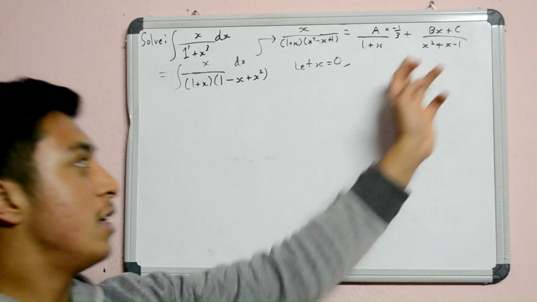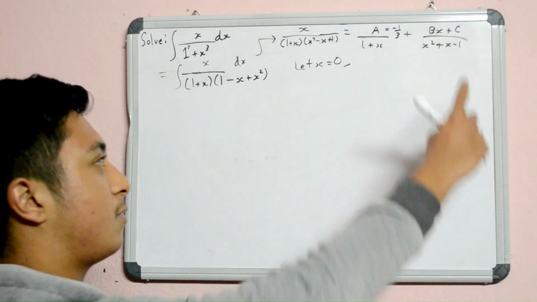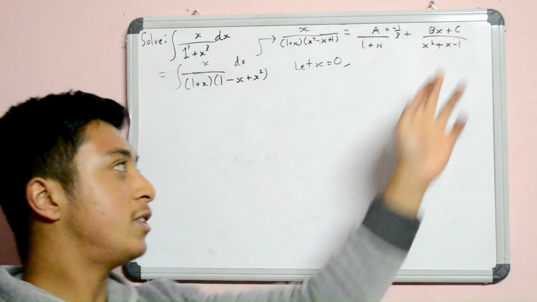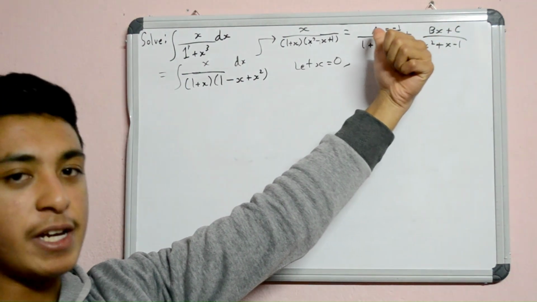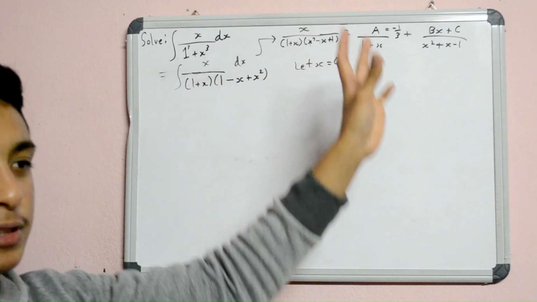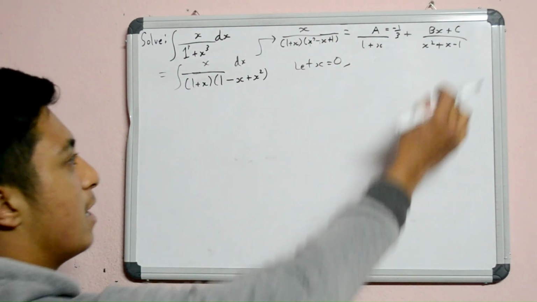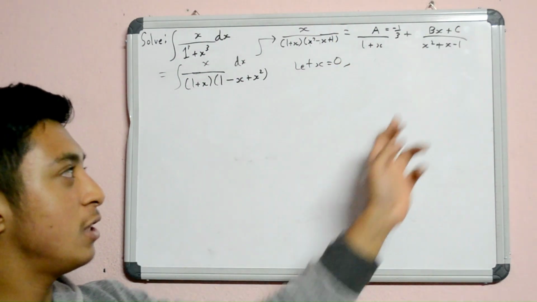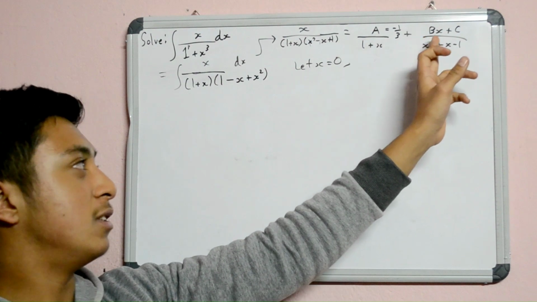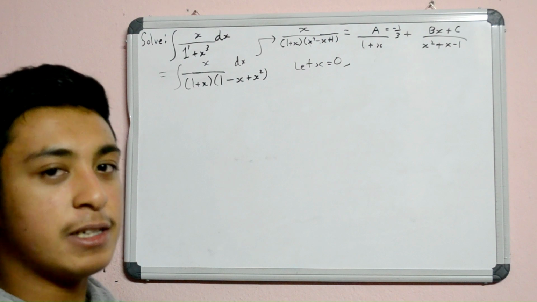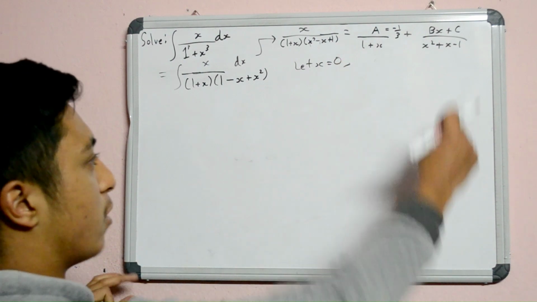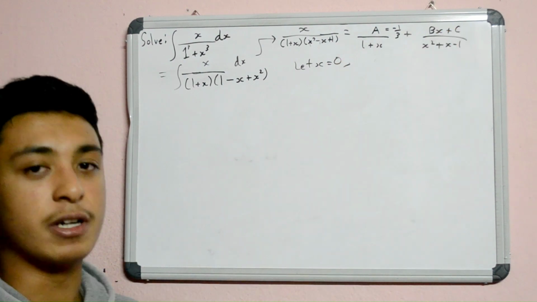Generally, if you have a linear numerator remaining and you've already found A, then in 90% of cases you let x equal 0 so that B gets eliminated, because B times 0 is 0, and you'll just have C remaining, which you can figure out.